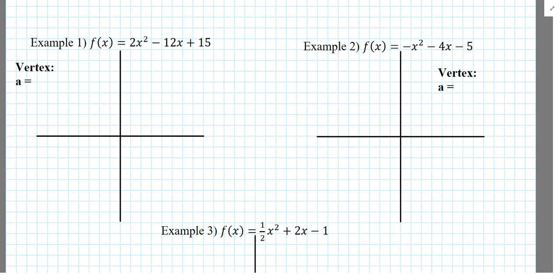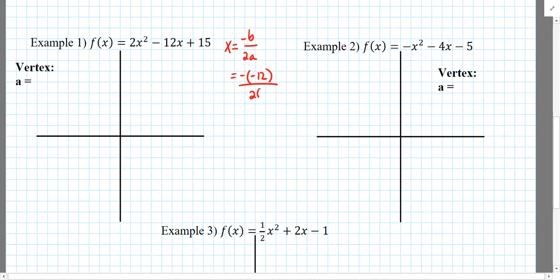Example 1, f of x equals 2x squared minus 12x plus 15. First, we need to calculate the x value of the vertex. Since x is equal to the opposite of b divided by 2a, we would have the opposite of negative 12 divided by 2 times 2.